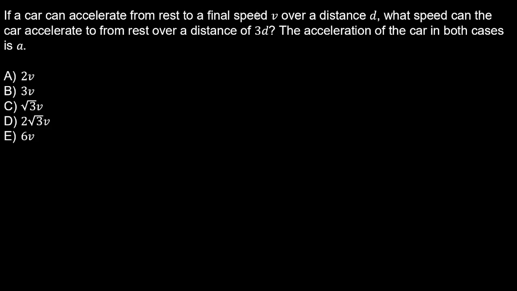If a car can accelerate from rest to a final speed v over a distance d, what speed can the car accelerate to from rest over a distance of 3d? And the acceleration of the car in both cases is a. Well, we have the velocity, the acceleration, and distance.